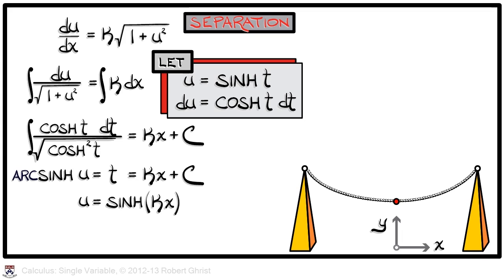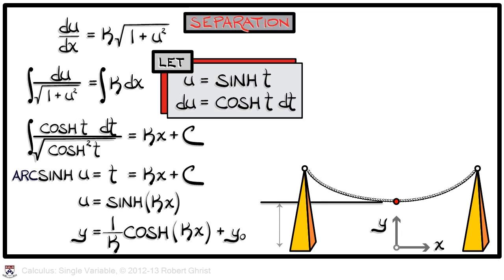Now, this is not exactly what we were trying to find, since recall, u is the derivative dy/dx. How do we get y for the shape of the curve? Well, we integrate. The integral of sinh is cosh. We have to pull out a factor of kappa, and so we get y is 1 over kappa cosh kappa x plus some constant of integration.